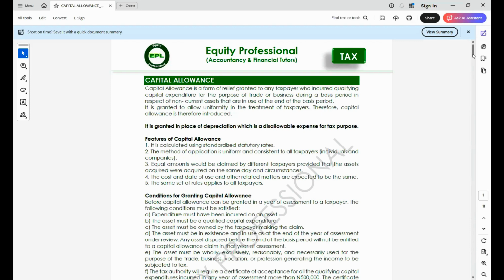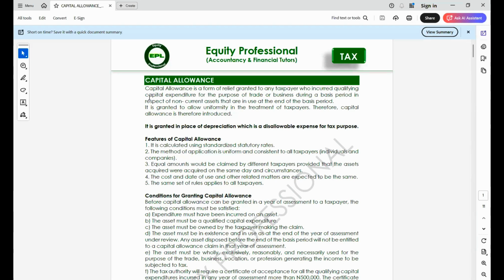Depreciation is usually granted based on company policy. Depending on the policy of a company, we determine the depreciation. Company A bought a motor vehicle, and company B also bought the same motor vehicle at the same price.